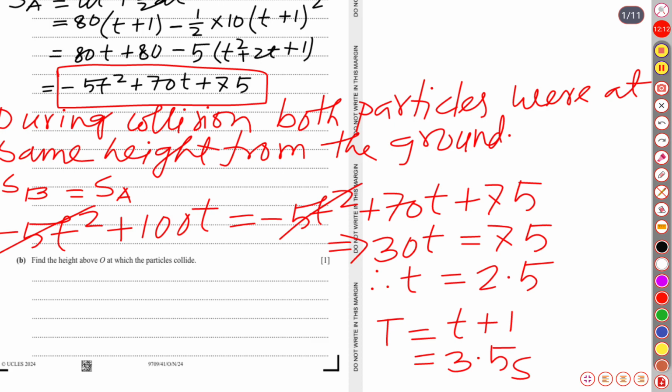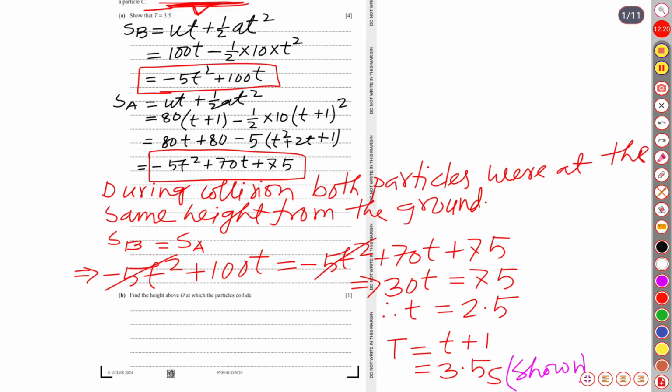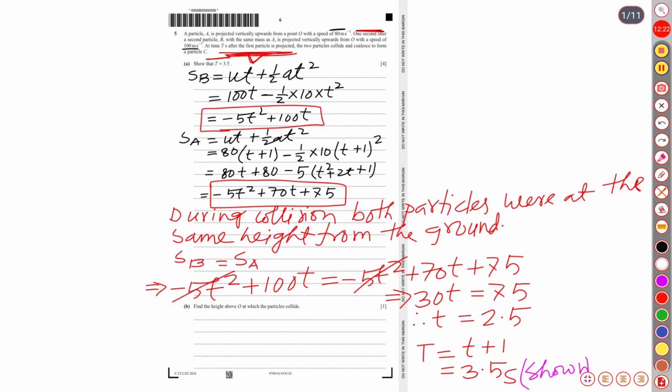They have told us to show, and we have shown. I think you have understood that we have applied the fundamental concept: when two particles collide, they must collide at the same height from the ground, as well as at the same moment they have been projected from.